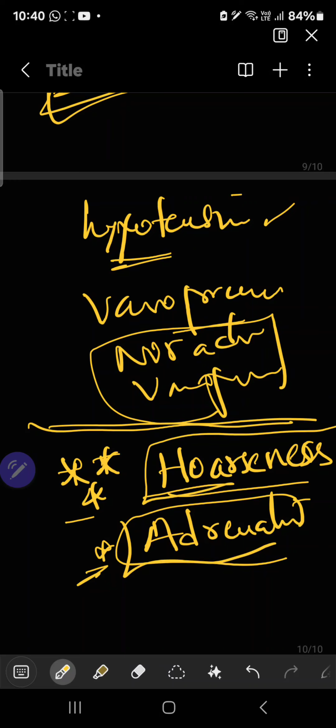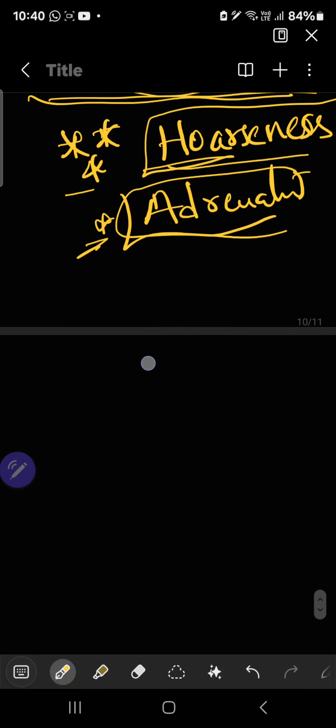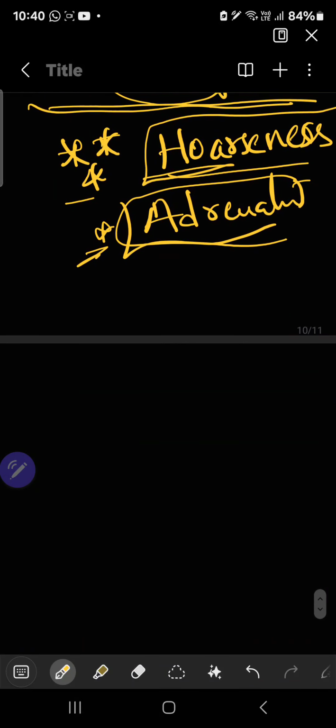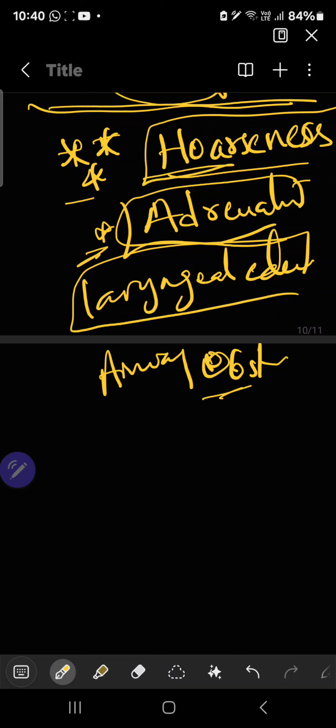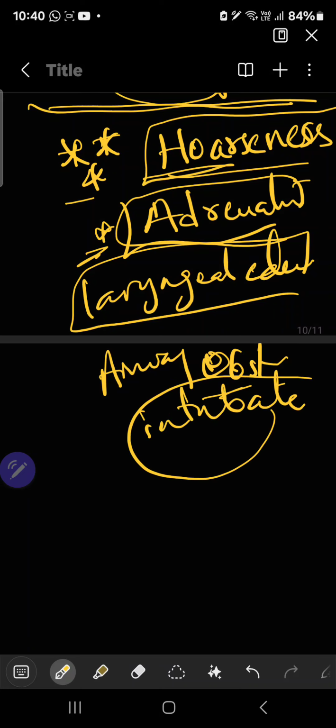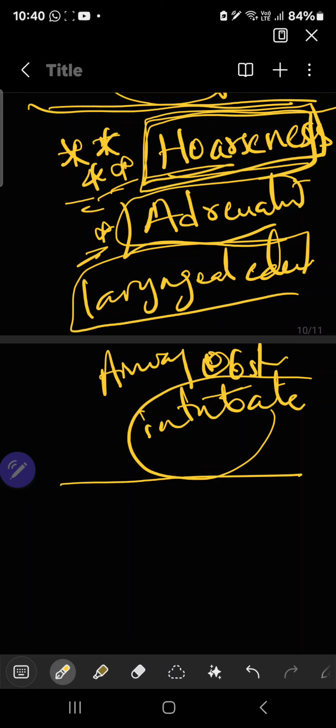If you leave the patient like that, the patient will develop laryngeal edema, so complete airway obstruction will be there, and you can't even intubate the patient at that time. So it is very important to recognize hoarseness of voice. This is very, very important. Thank you.